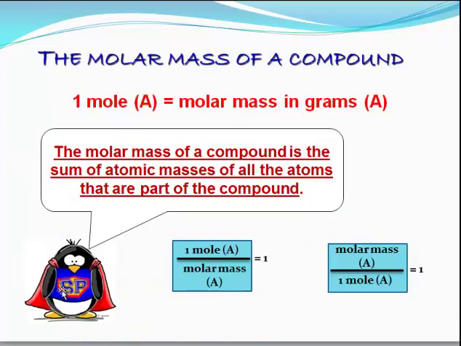As a reiteration, the concept of molar mass is that 1 mole of any substance has a mass you can find by adding up the masses of each individual element. So the molar mass of a compound is the sum of the atomic masses of all the atoms that are part of the compound.